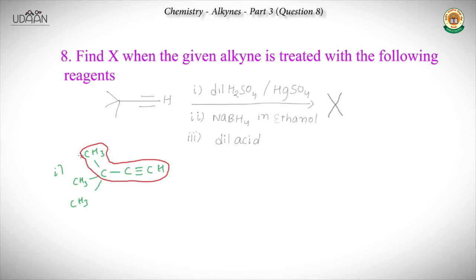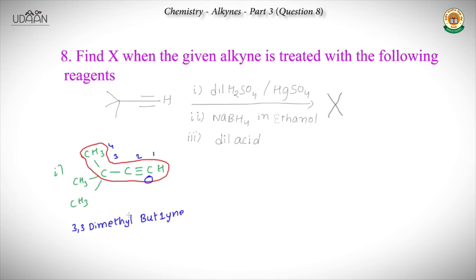So it will be but-. Next, you have to number this 1, 2, 3, 4, because this gets as low a number as possible, and the name would be 3,3-dimethylbut-1-yne.